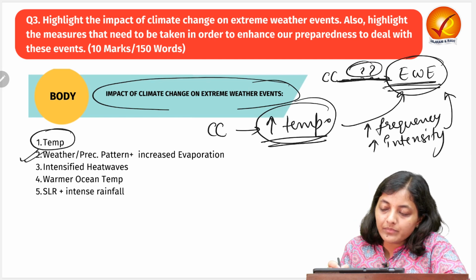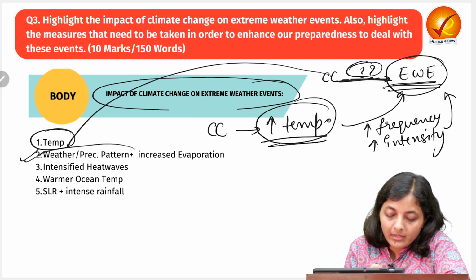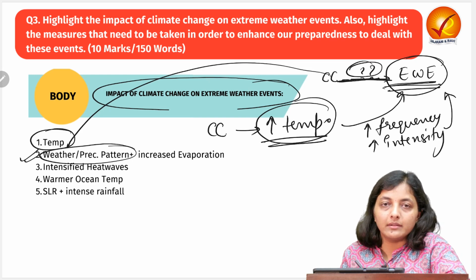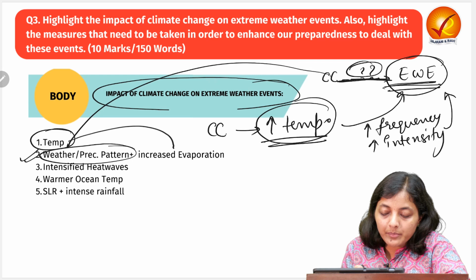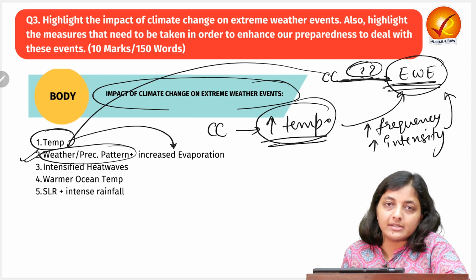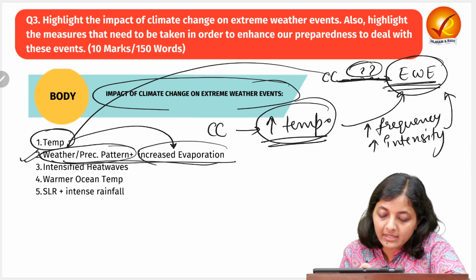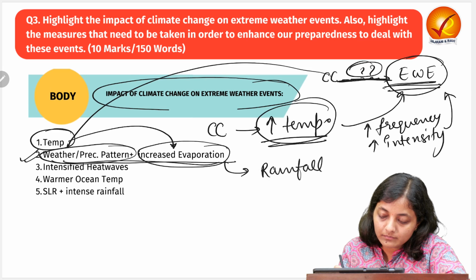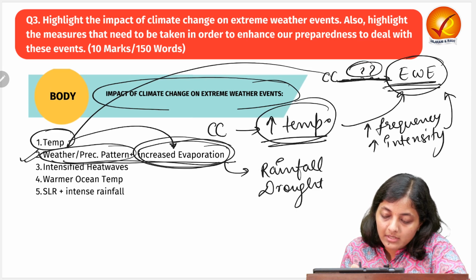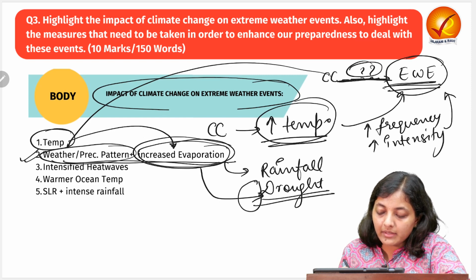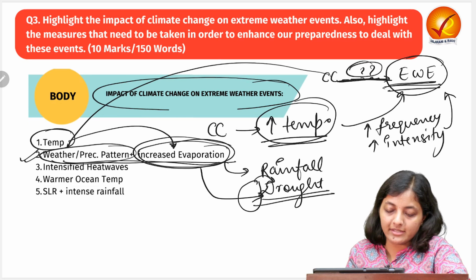Second, climate change disrupts the weather pattern, the precipitation pattern. Due to the increase in temperature, evaporation is increased. And with these disrupted precipitation patterns and increased evaporation, there may be more rainfall or maybe a drought-like situation, because this hampers the weather patterns and results in drought-like situations.